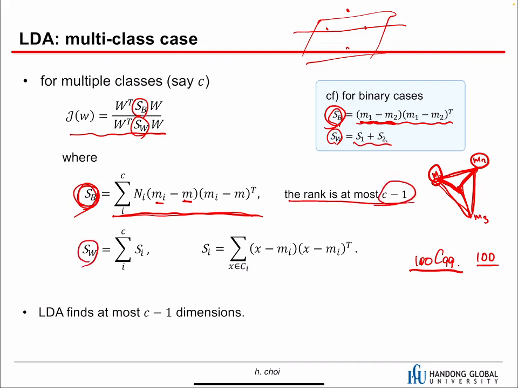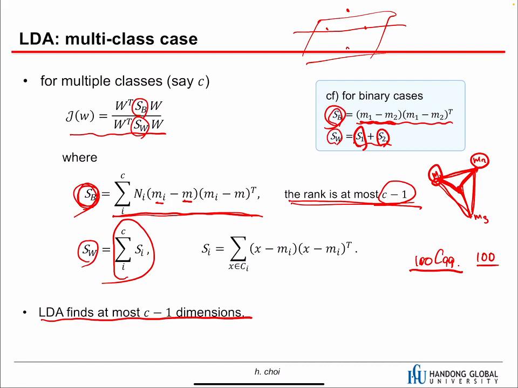And SW is almost the same. For the binary case, we have S1 and S2, but instead of S1 and S2, we can just generalize for C classes like this. So as I said here, LDA finds at most C-1 dimensions.